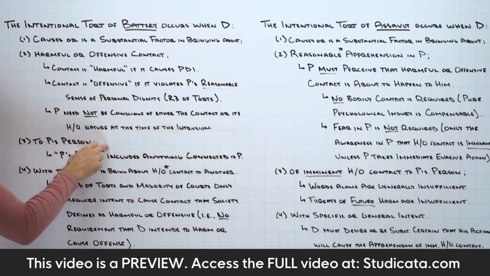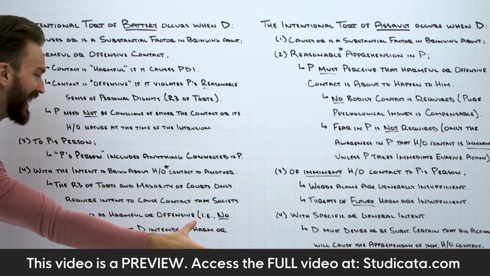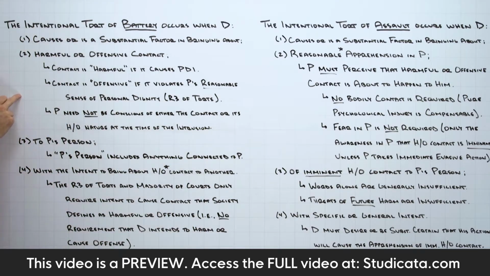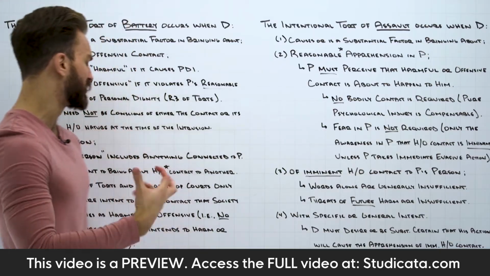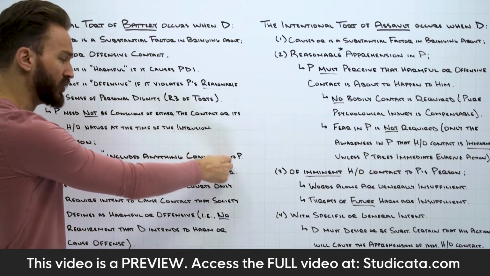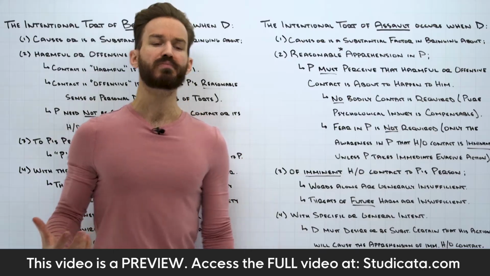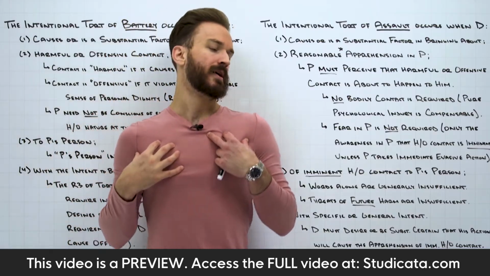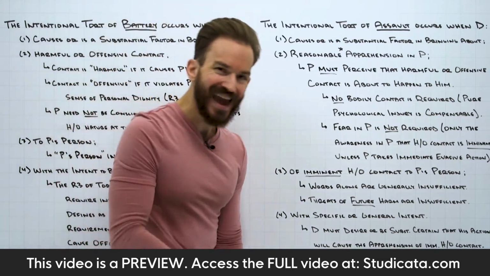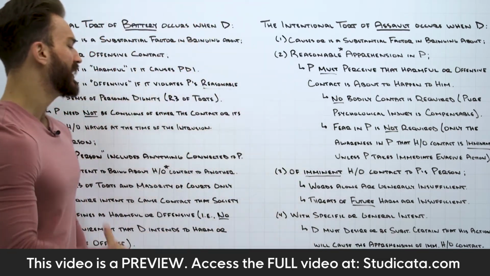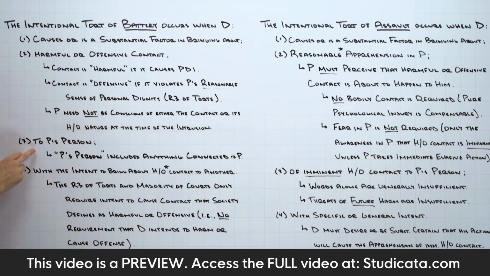So that contact being made to the cane still counts as contact to the plaintiff's person, because the plaintiff's person includes anything connected to the plaintiff. So this would be things like clothing, it could be like a bag connected to someone, a cane connected to someone, any object connected to the plaintiff.